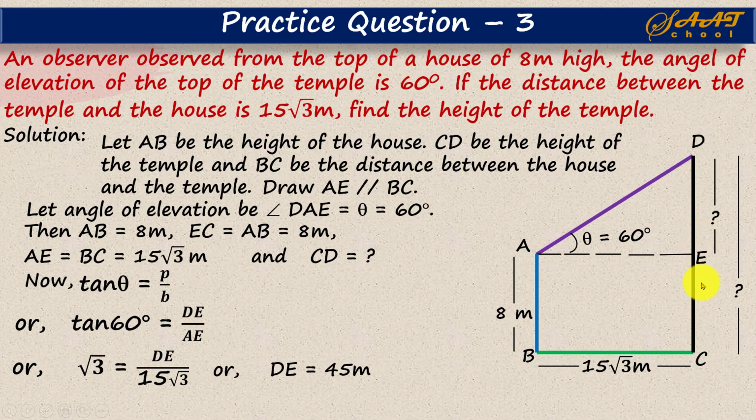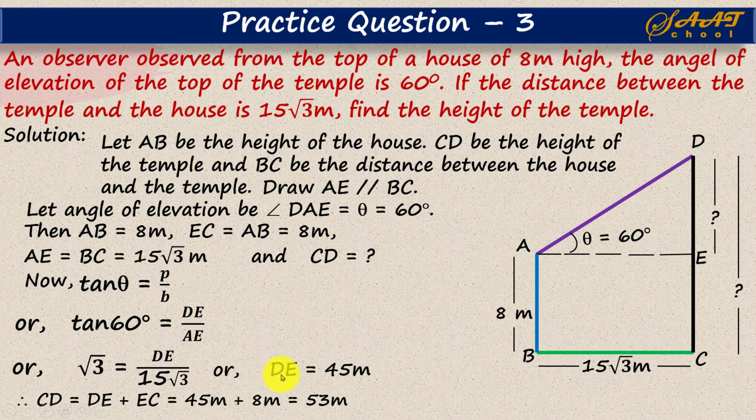Meaning we can now sum this DE and EC, and the sum will be equal to 45 plus 8. Again, this whole CD is the sum of this portion and this portion. So CD is DE plus EC.